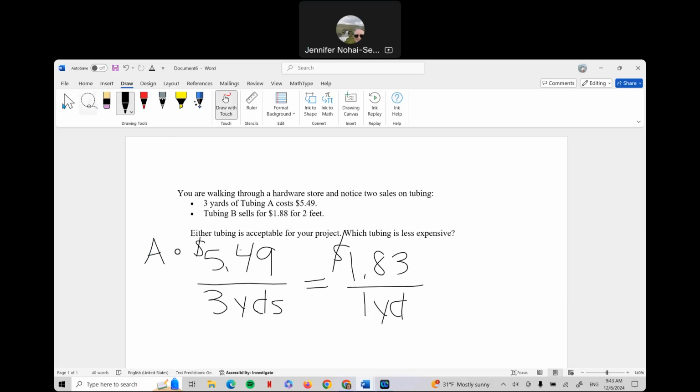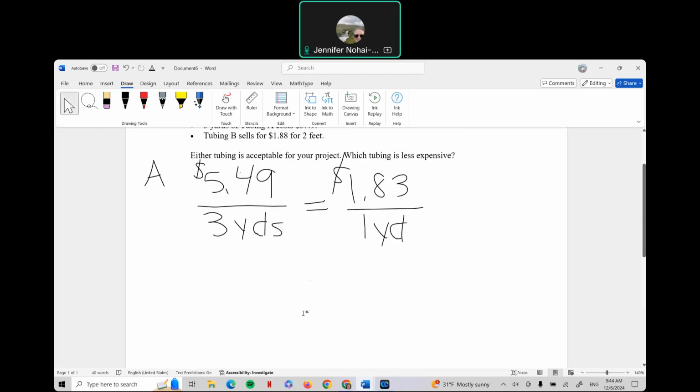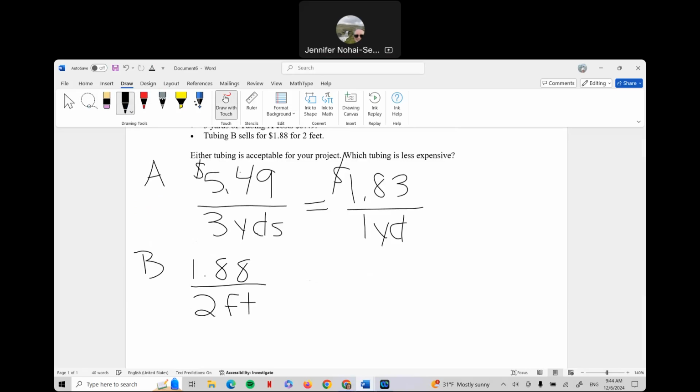And then we want to do the same idea for the second one, tubing B. So that's $1.88, and that's per 2 feet. And so we want that to be 1 foot because that's where the unit pricing comes in. 1 foot in the denominator.